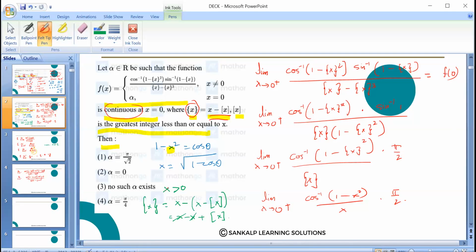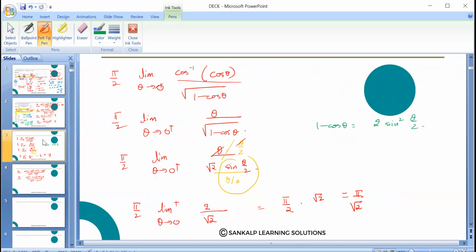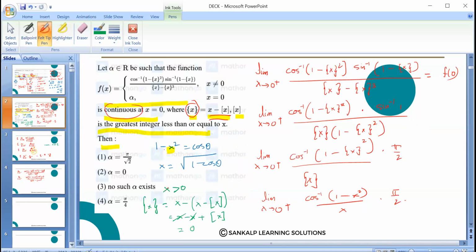Greater than 0 means the answer will be 0. That's why we have written this as 0.